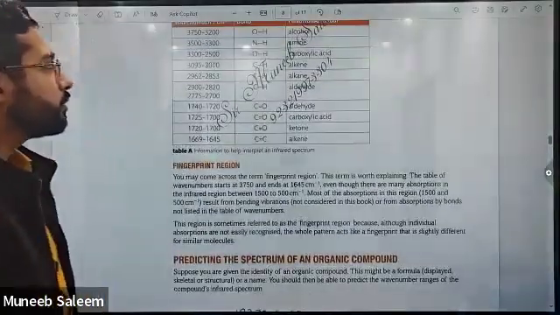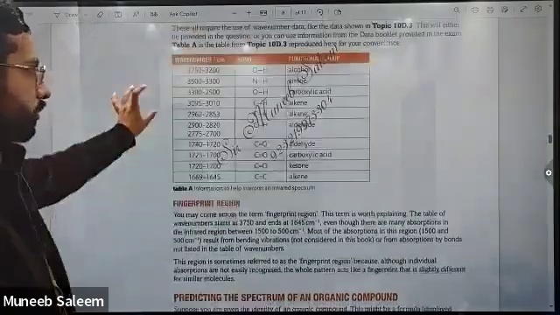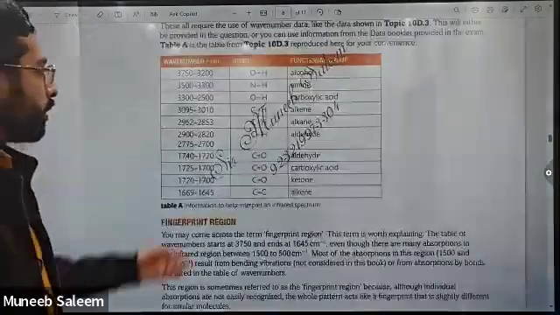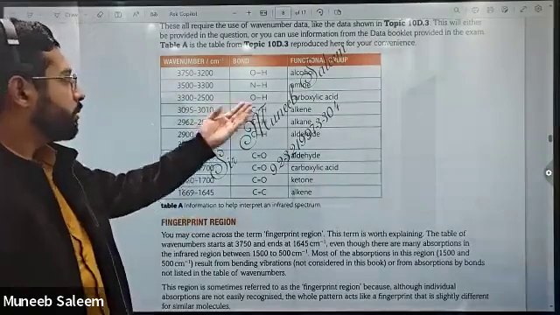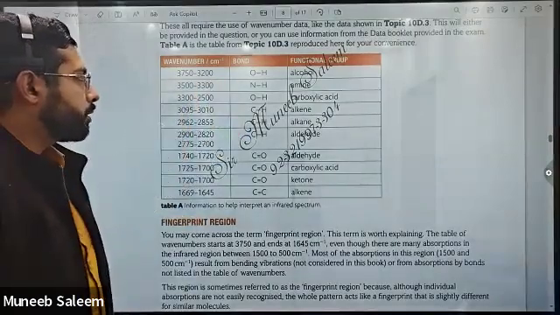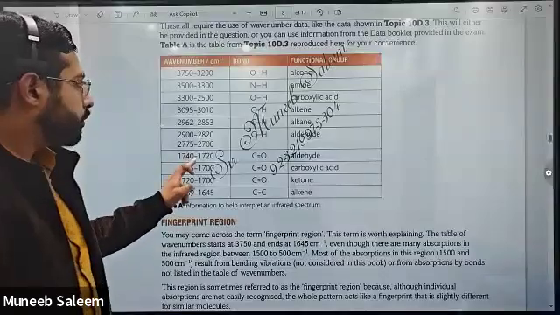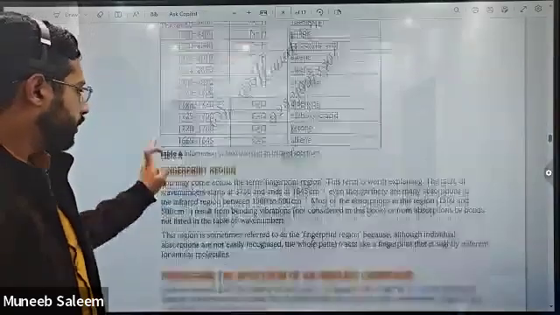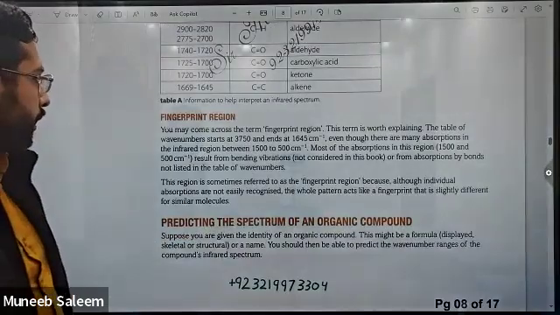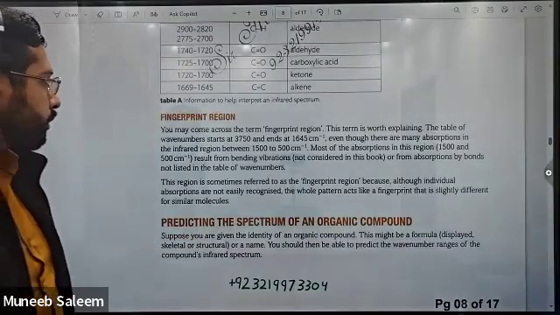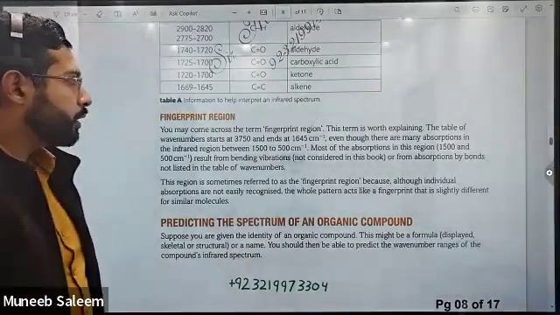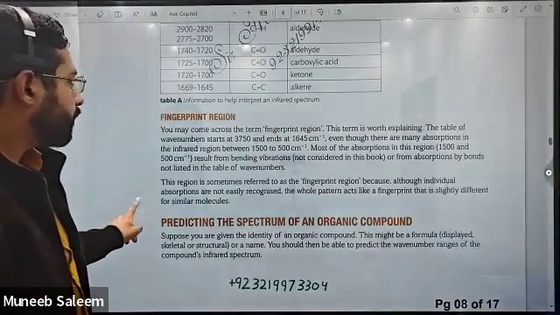So basically, this is the table, and from this table we can find different absorption ranges of different functional groups. So you will use these values to identify. One more thing which needs to be included here is the fingerprint region.